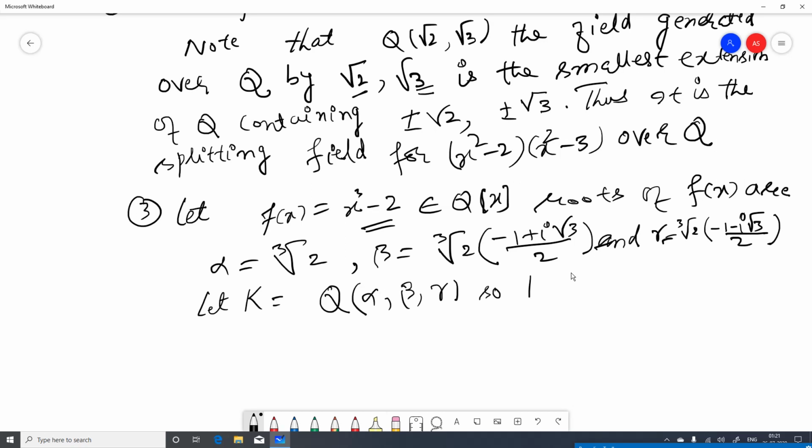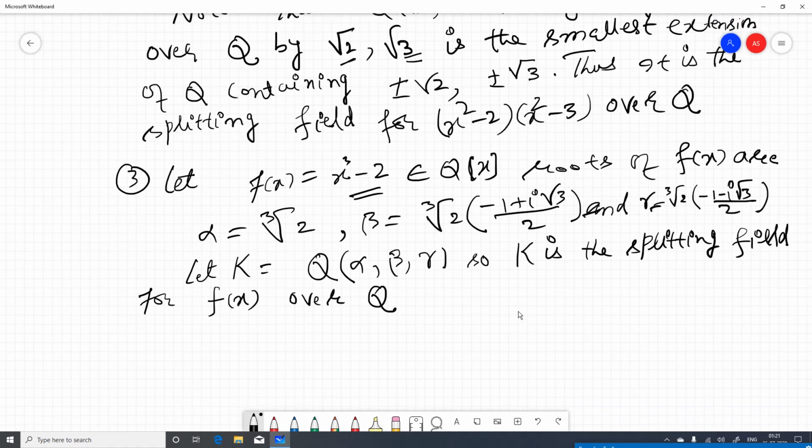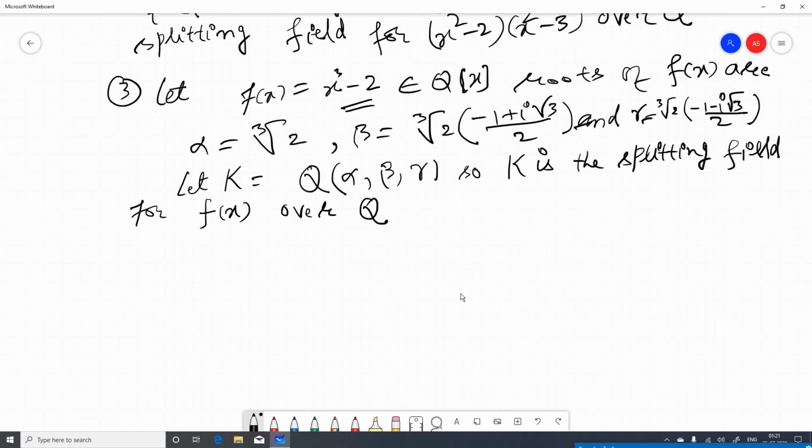So K is the splitting field for f(x) over Q. But I want to know the description of this field K.